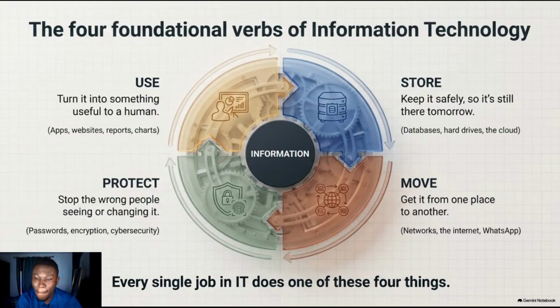So every single job in IT handles one of these four things. One uses information. So basically, when you look at websites, applications, reports, and chats, it is using the information for something, right?